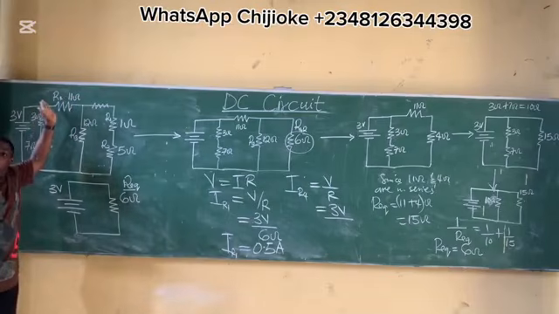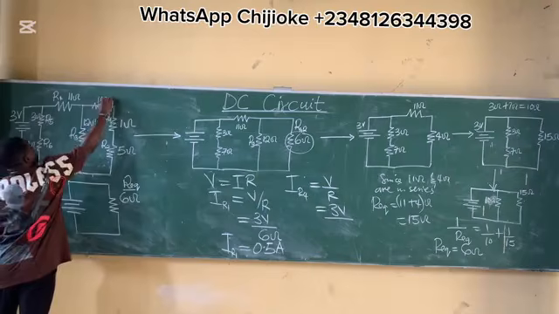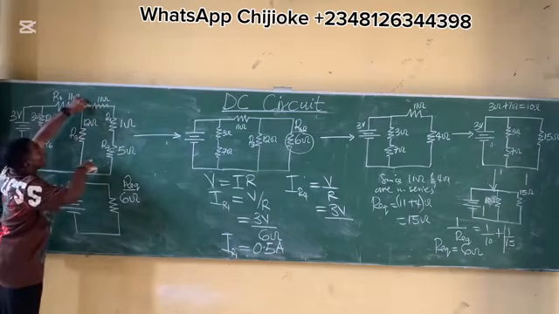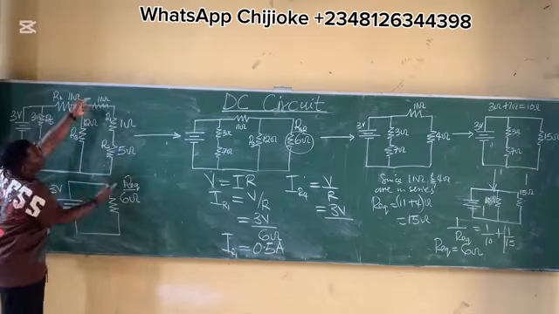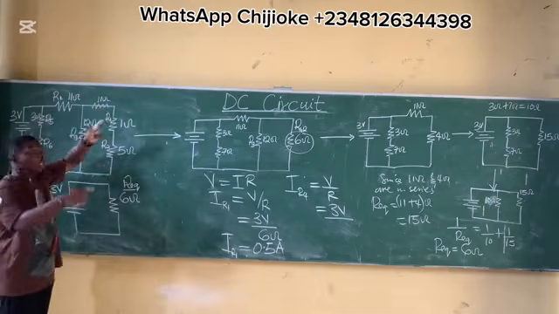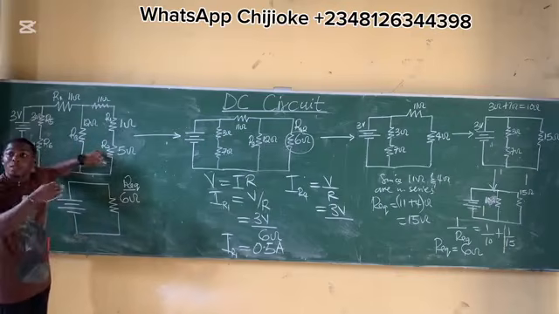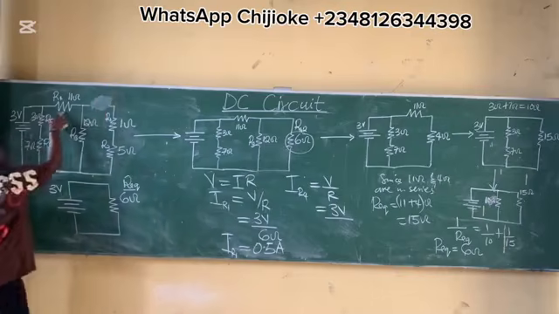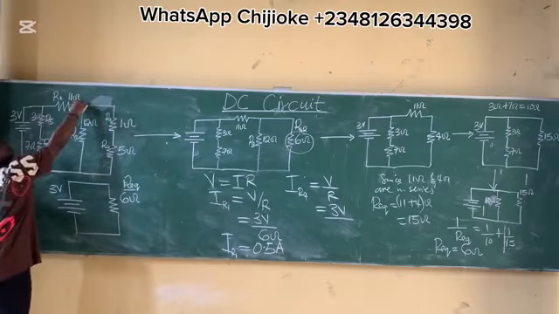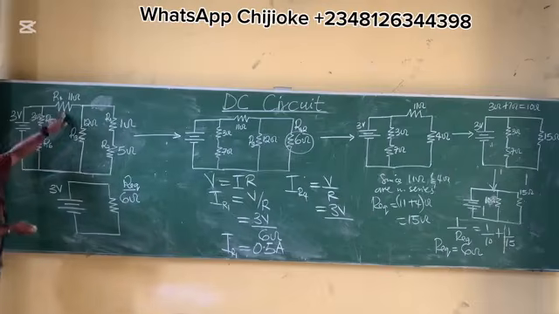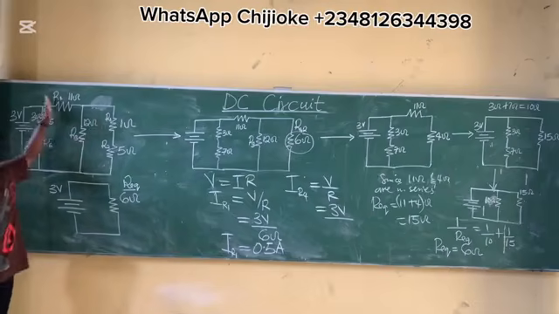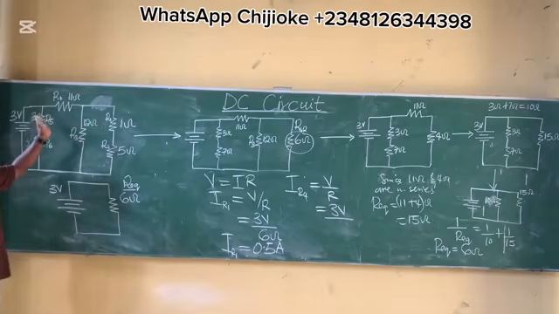If 11 ohms was here, you would have 11 ohm, 1 ohm, and 5 ohm connected by one particular wire, one terminal. That's why you can take these as in series. But look at this 11 ohms, look at where it is. There is a wire here that shows you that this 11 ohms is not part of this first section, it's behind. Are you following me?